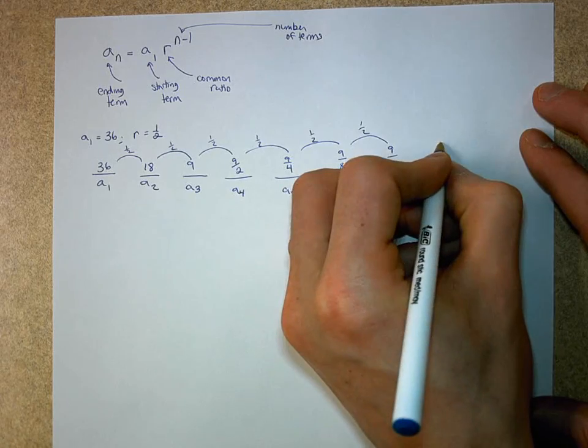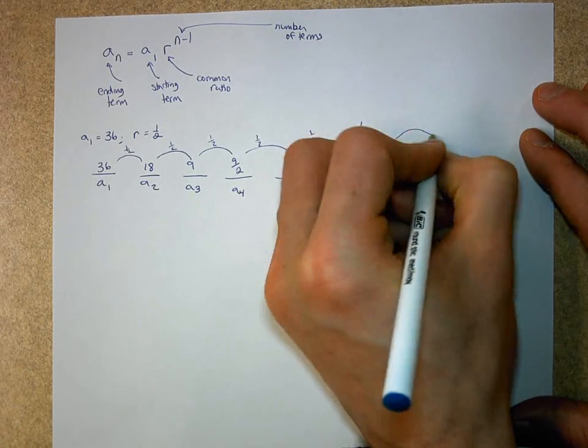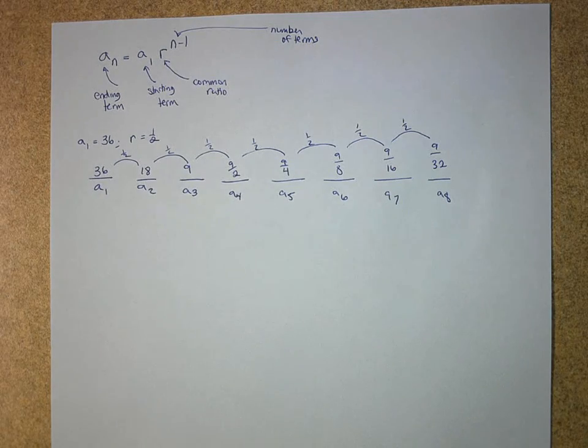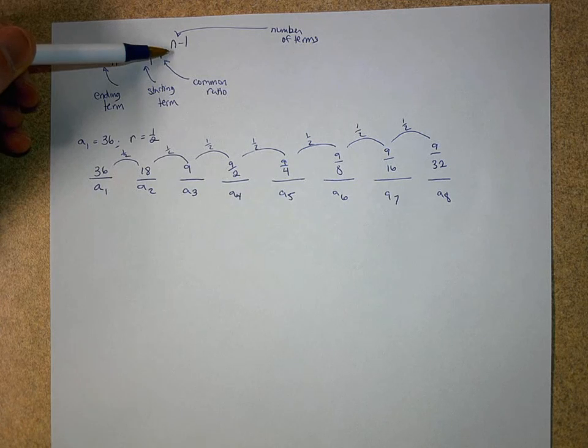And then a sub 8 would be 9/32, multiplied by 1/2. That n indicates the number of terms in my formula.